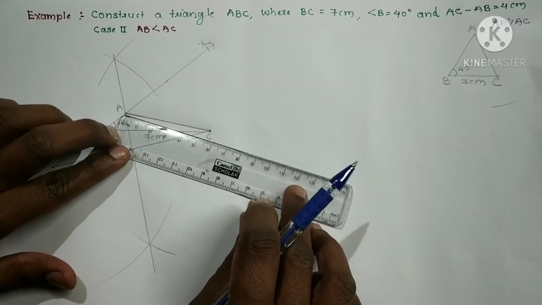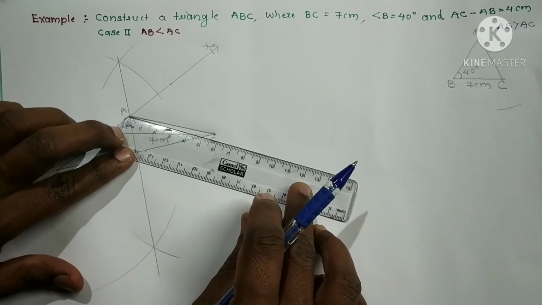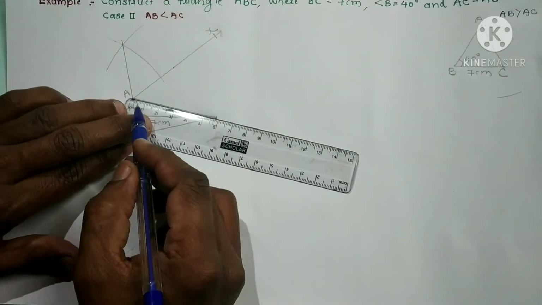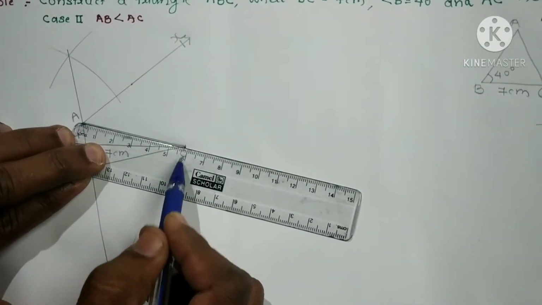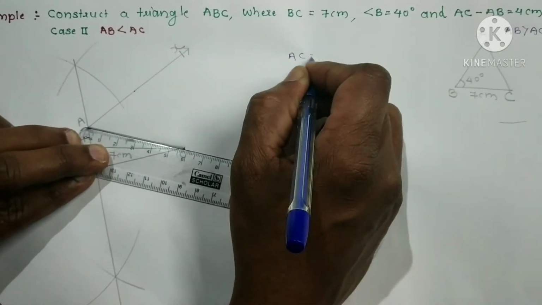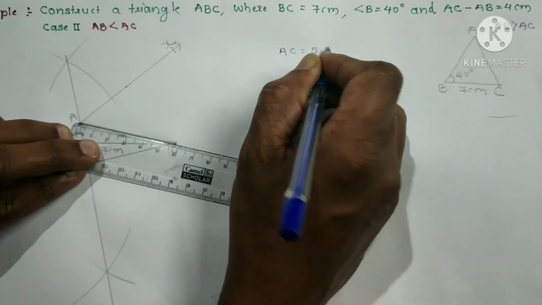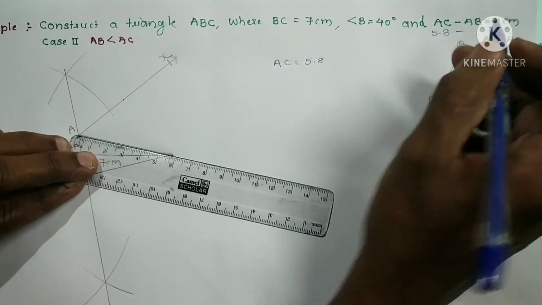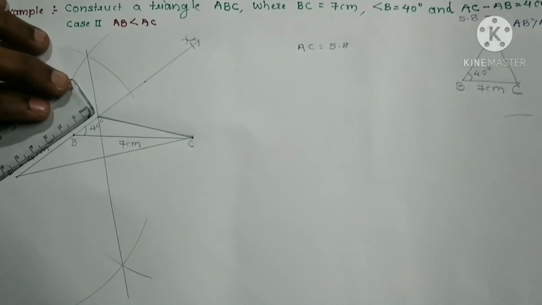Now let us verify this, AC minus AB is equal to 4 centimeter. So let us measure the distance of AC. Here this is 5.8. So AC is equal to 5.8. So this is 5.8 minus. Then let us verify this AB.